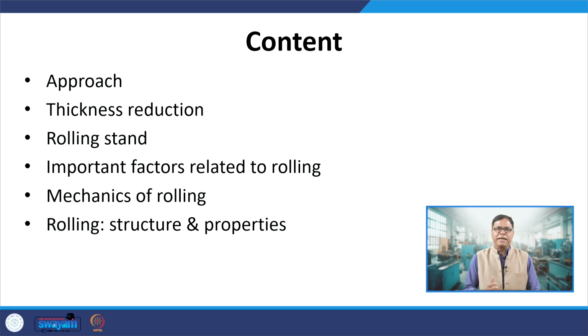Then the mechanics of rolling, which means the kind of strain experienced by the metal during rolling, the kind of forces we need to apply for rolling to happen, and the kind of power required. These aspects will be covered, and then rolling affects the microstructure and mechanical properties depending upon the condition under which it is carried out, whether it is cold rolling or hot rolling.